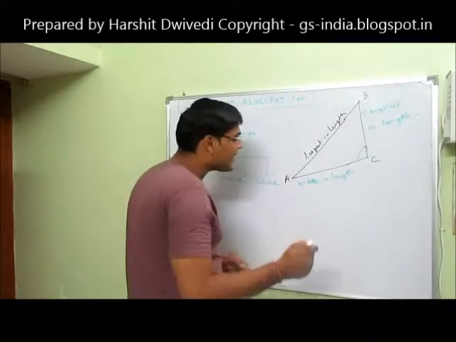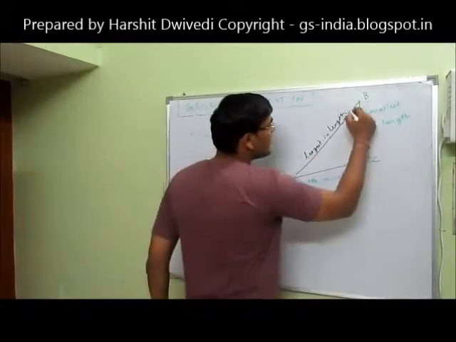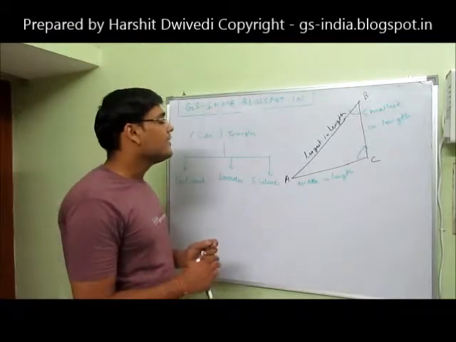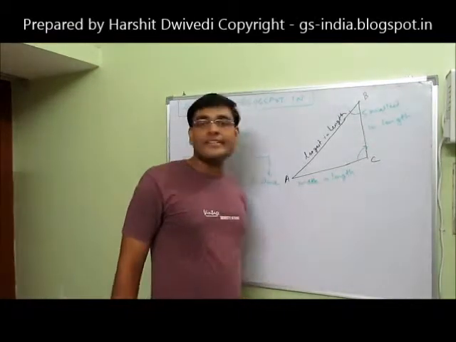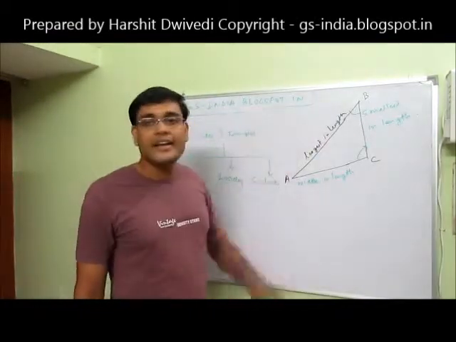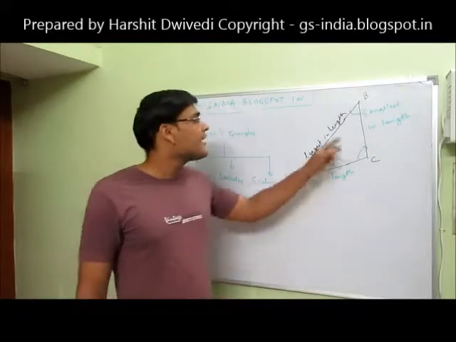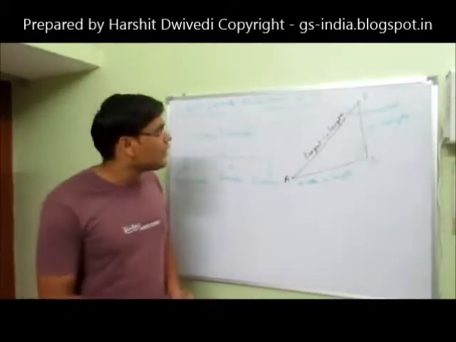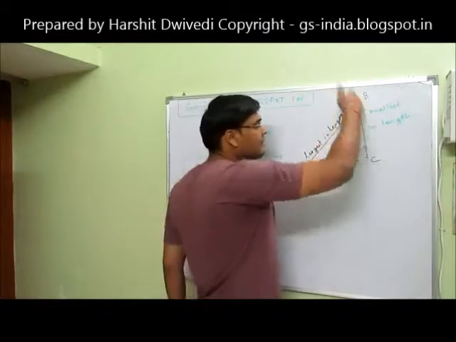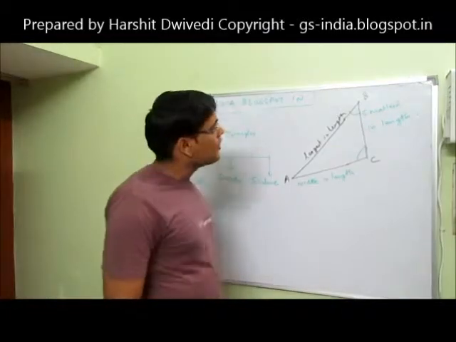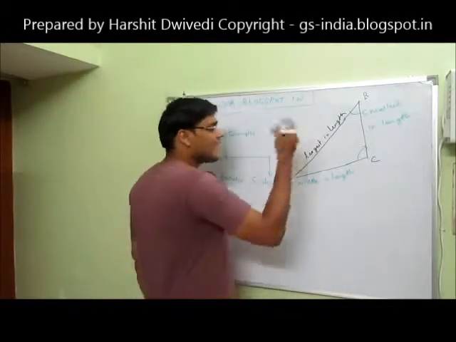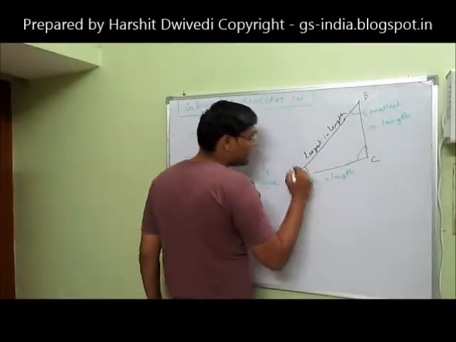Similarly, I told you that line AC is the middle line, that is the second largest. What is the angle opposite to AC? It is angle B. So if line AC is the second largest line of this triangle, then angle B is the second largest angle of this triangle. Similarly, line BC is the smallest line, so the angle opposite to BC is also the smallest.